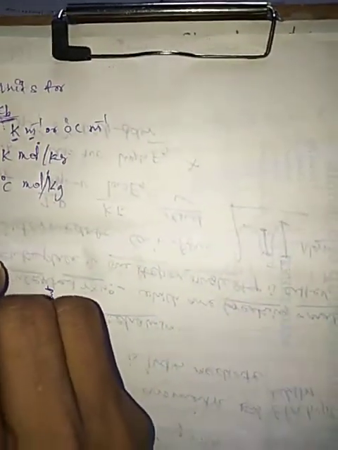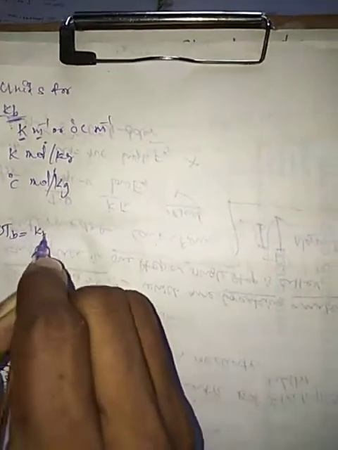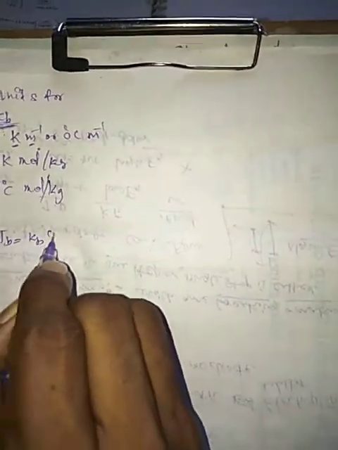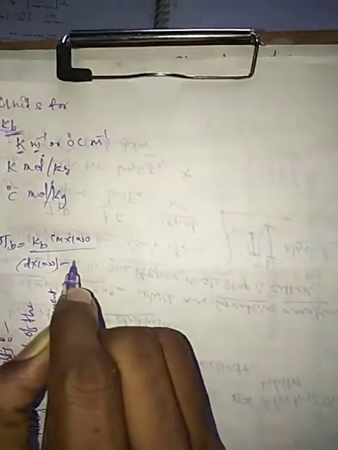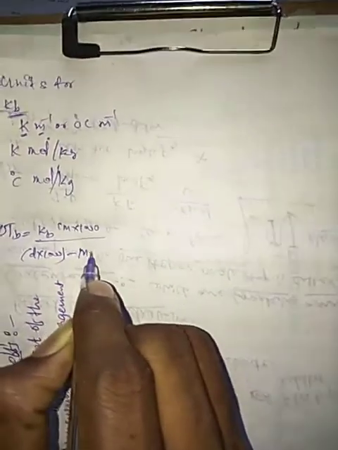Now one more formula we can use for the calculation of delta TB is equal to KB into M into 1000 by D into 1000 minus M into gram molecular weight GMW.